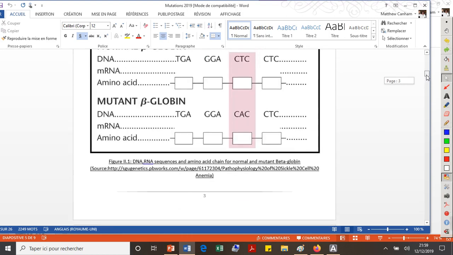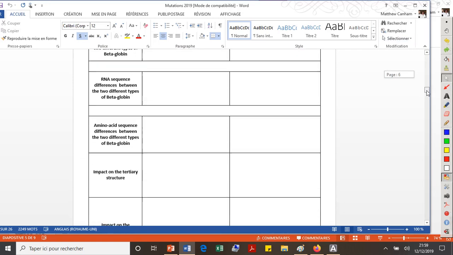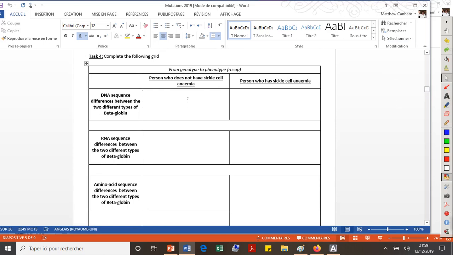So if I switch back, we're going to start completing what we have at the end. So for normal, the DNA is CTC, which means the RNA is GAG.